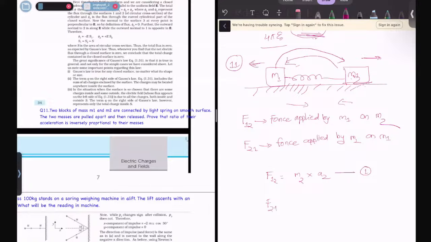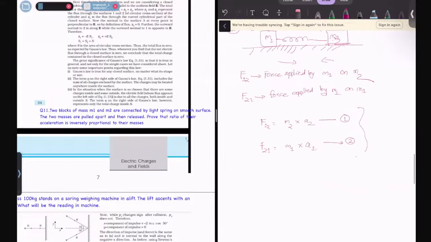And F21, the force applied by 2 on 1. How much force has been applied on M1? M1 into its acceleration A1. This is equation number 2, guys. Then by Newton's third law of motion, we know that both the forces will be equal and opposite. Meaning F12 will be equal to F21, but it will be opposite.